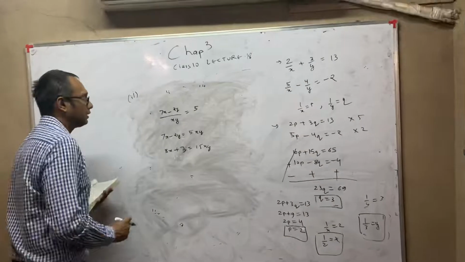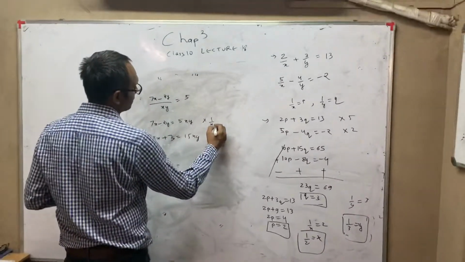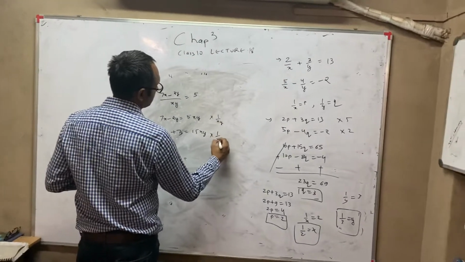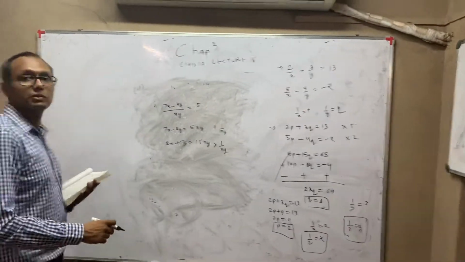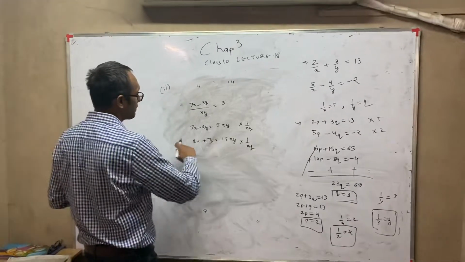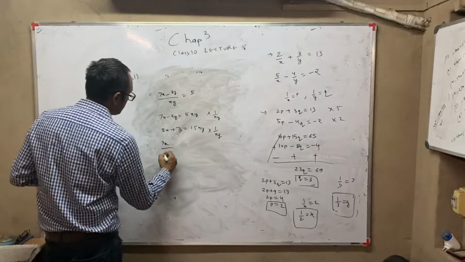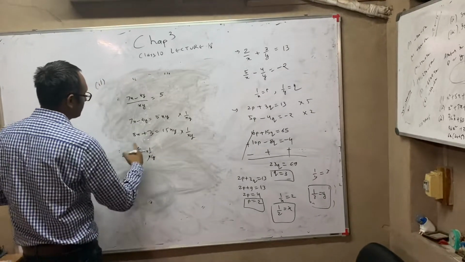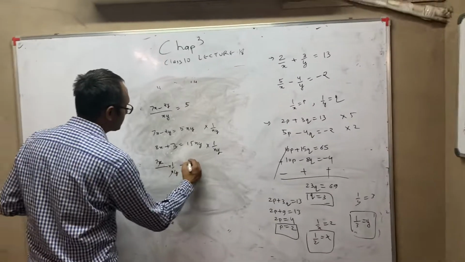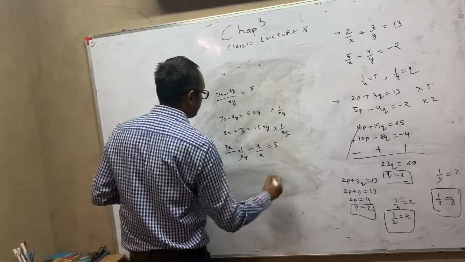Okay. Now you divide throughout, or multiply throughout by 1 upon xy, because we want to convert it into a standard form. So when we multiply it throughout by 1 upon xy, the first term, x gets cut, so it becomes 7 upon y. Similarly, this one will become 2 upon x, and this one will become 5.